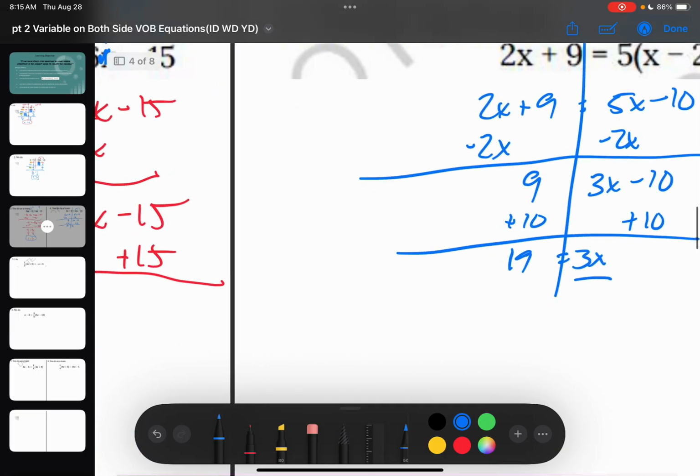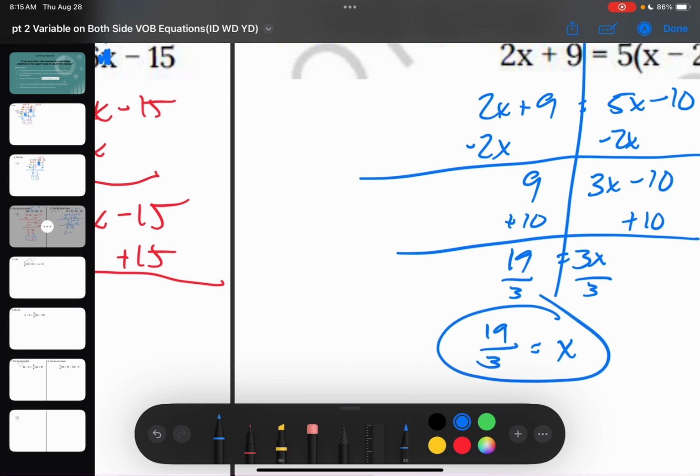Now, we want to divide by 3, right? 3 doesn't go into 19, so it is perfectly acceptable to just leave your answer like that. Now, some of you may have turned that into a decimal and wrote that as 6.3 repeating. That's fine, or 6 1/3. That's fine. But again, that could be okay. You don't need to pick up your calculator to figure out what 19 over 3 is.